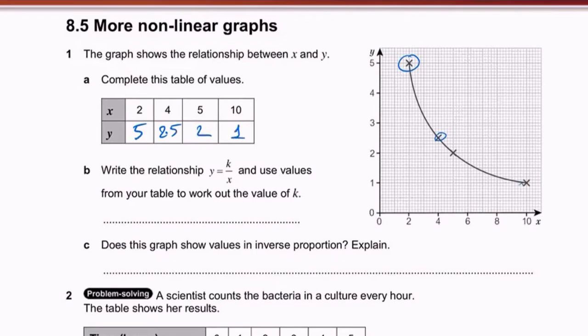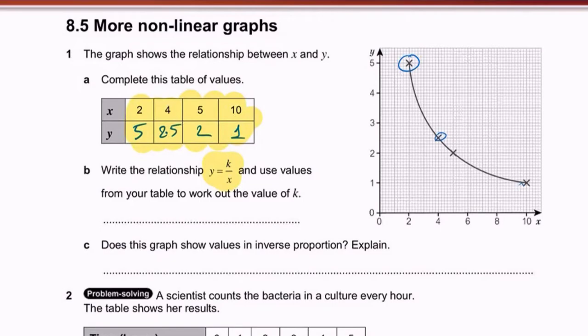Write the relationship y equals k over x and use values from your table to work out the value of k. How do we get the value of k? I know that all these points satisfy this equation, so I'll choose one of them and get the value of k.